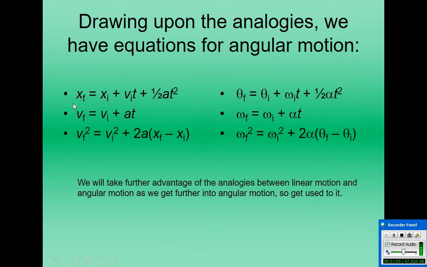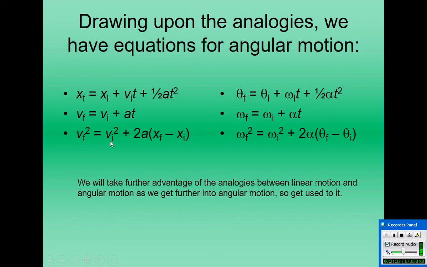In one-dimensional kinematics, we can talk about x final equals x initial plus v initial t plus 1/2 a t squared. We have a corresponding equation with angular variables: theta final equals theta initial plus omega initial t plus 1/2 alpha t squared. V final equals v initial plus at, the angular counterpart: omega final equals omega initial plus alpha t.